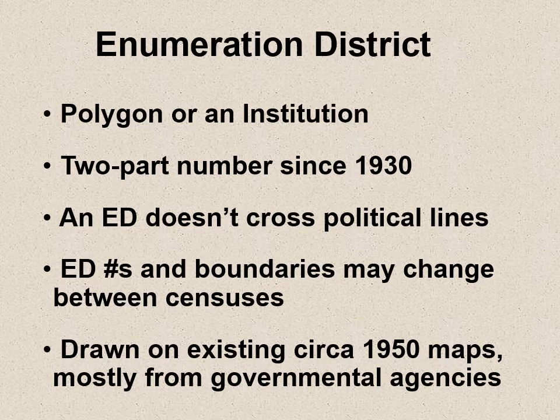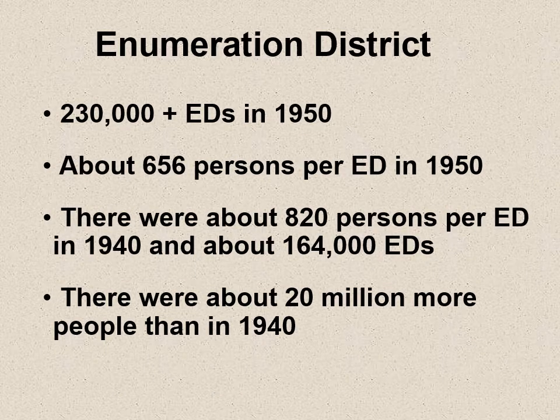ED numbers may change between census years, so you can't use your 1940 ED number for 1950, even if those people haven't moved. And as I indicated, the underlying maps may be from the 1930s or the early 1940s, so you've got to be careful about that. In 1950, there were over 230,000 enumeration districts, and the average was about 656 persons for each one.